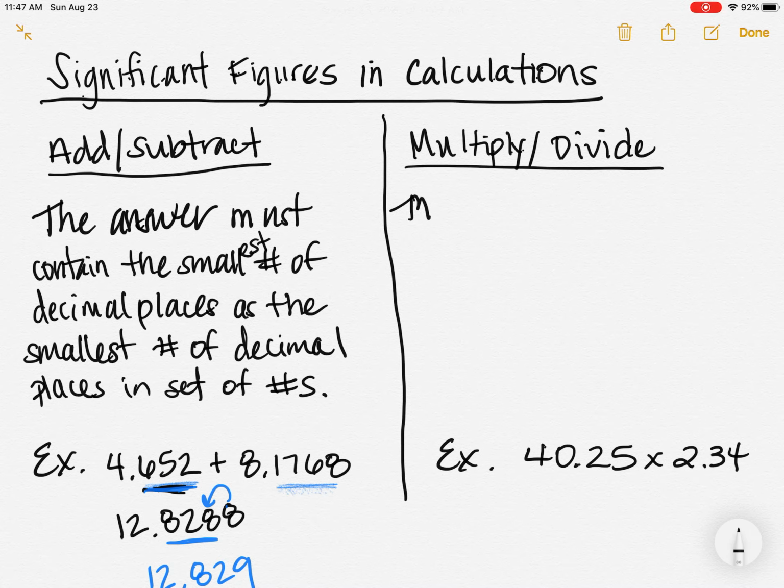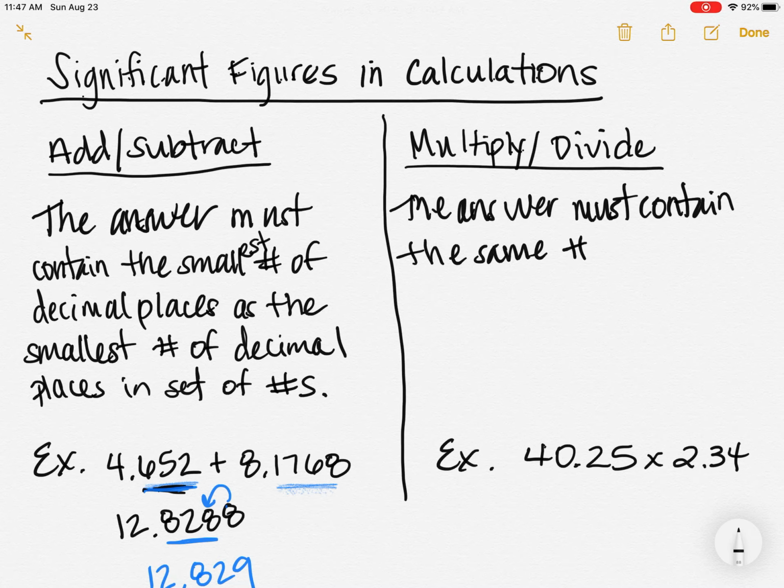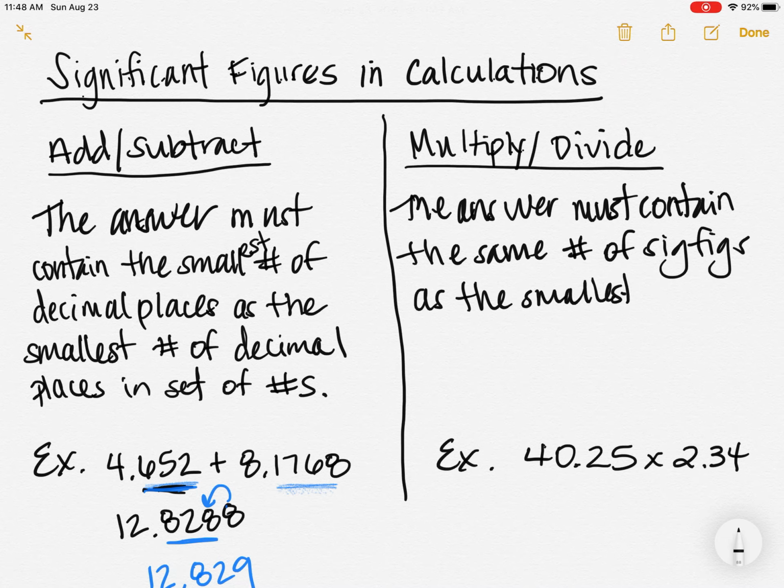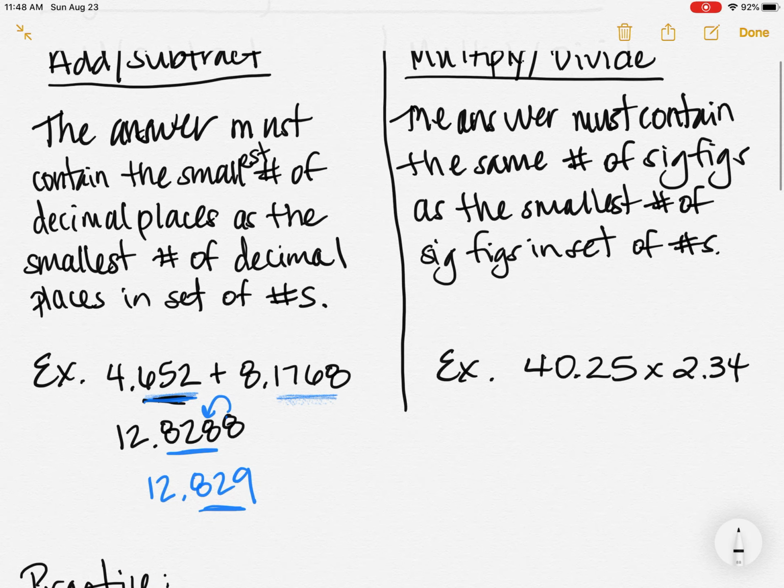So it's the same idea that the answer must contain the same number of sig figs as the smallest number of sig figs in the set of numbers. Okay, so this time it's the same wording, but it's the fact that we're looking at sig figs now and we don't care about decimal places.